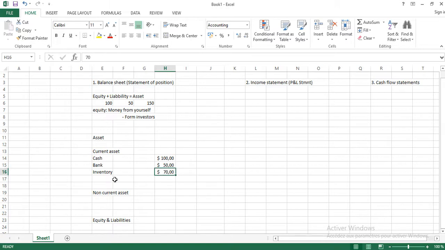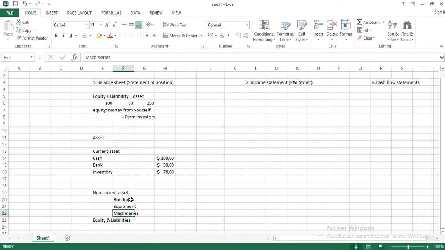Then you have non-current assets. Non-current assets are, for instance, buildings or an office, whatever it is. Then you have equipment, for instance, and machinery.